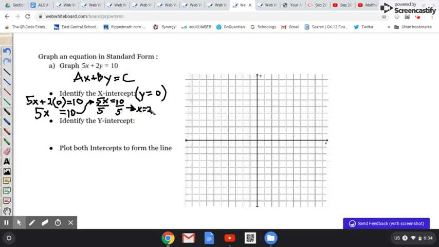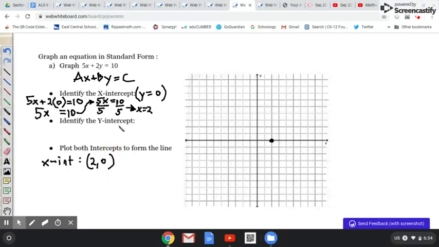So my x-intercept is the point (2, 0). Put it on the graph right there. That's where that came from.